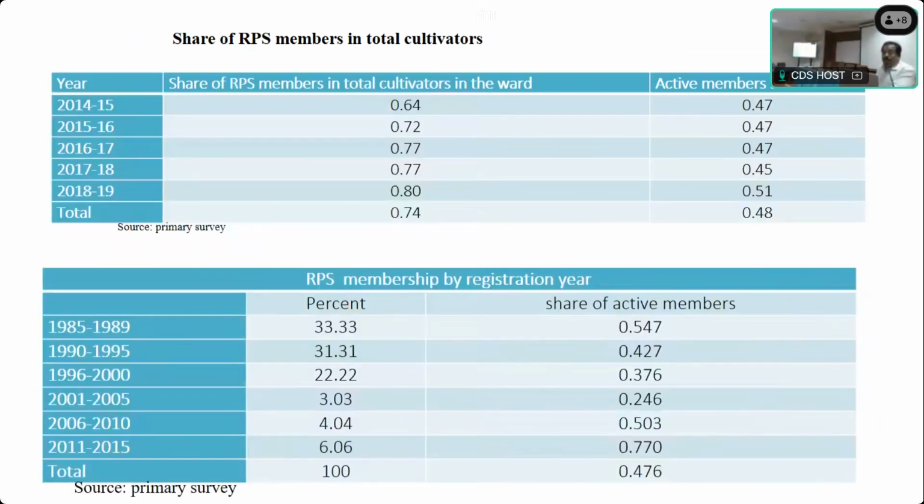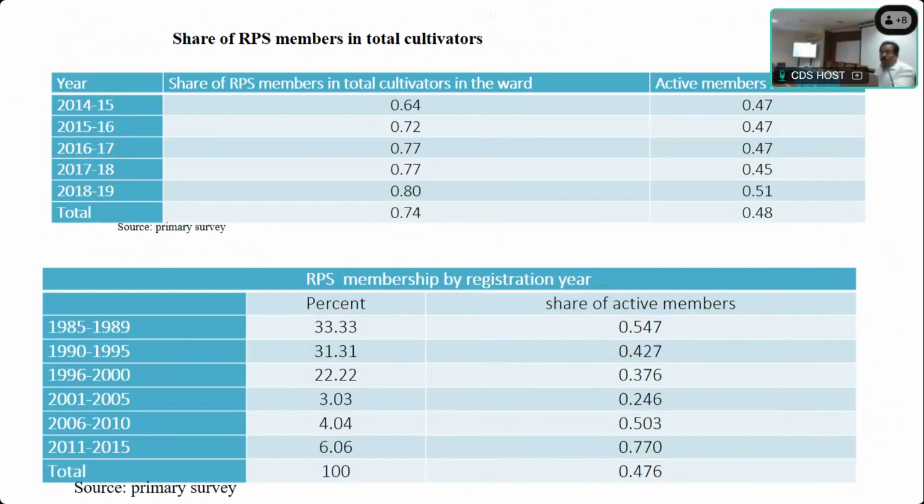Now, from the macroeconomic conditions, we can actually make some meaning of what these numbers look like. The first column shows the share of RPS members in total cultivators in the ward. If it is a share, it should be converted to percentage. 0.64 means it is 64%.